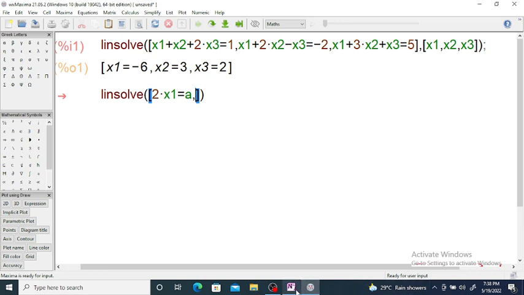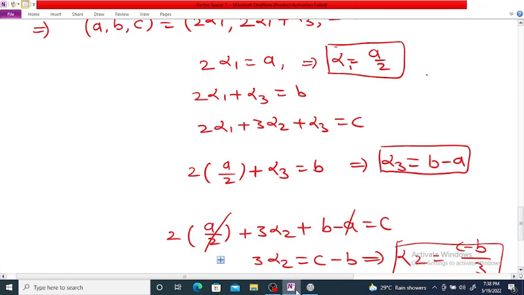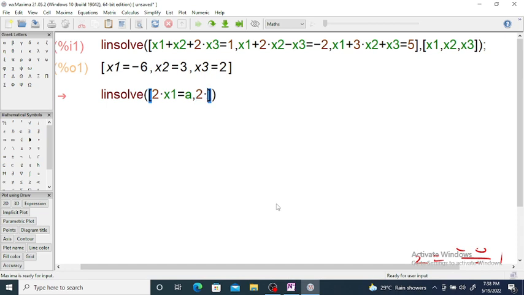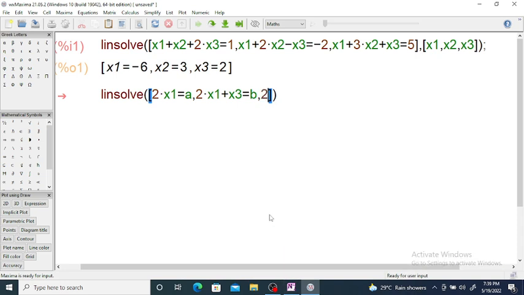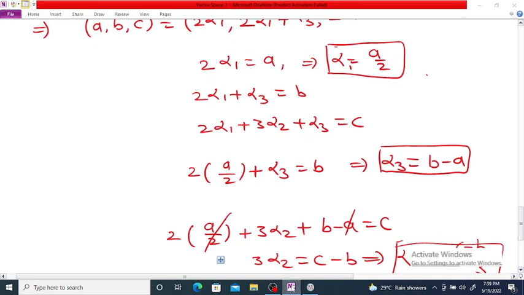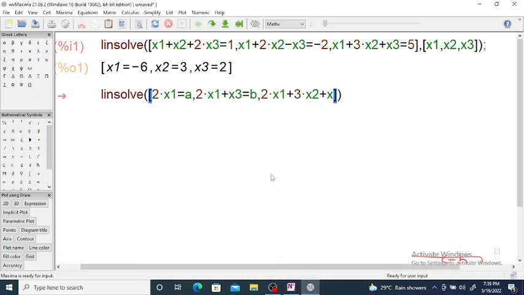Then the second equation is twice x1 plus x3 is equal to b, and the third equation is twice x1 plus thrice x2 plus x3 is equal to c, and the variables are x1, x2, x3.